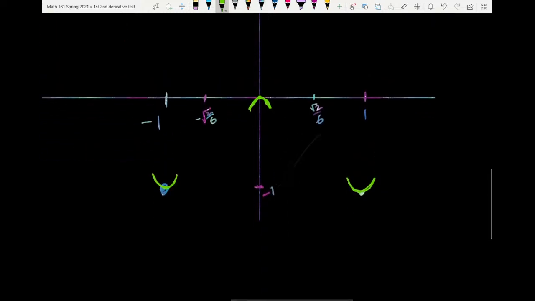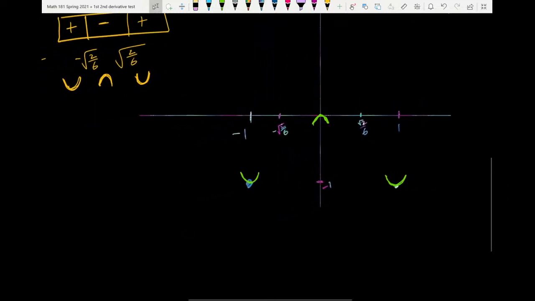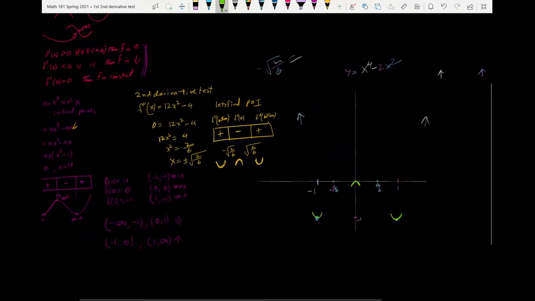Also, what do we know? At this point, we could find the y value of that point. Let me just plug that in. What's the y value of that point?